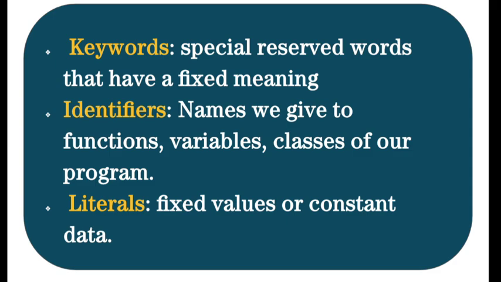They are the reserved words that have a fixed meaning. Identifiers are the names that we choose for variables, functions, classes, etc. And literals, the actual data values like numbers or text.